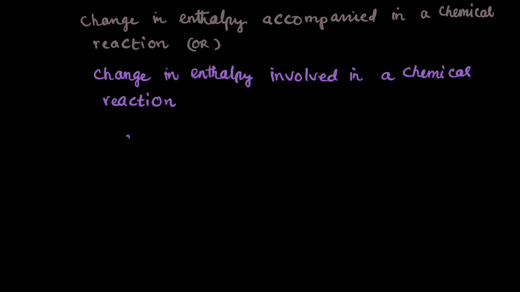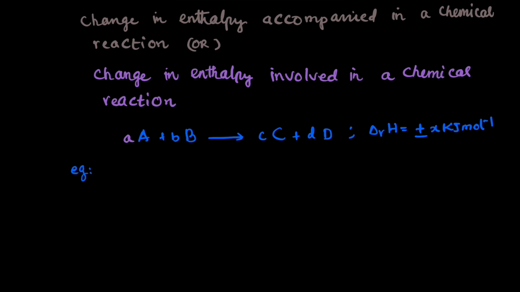Then, for example, a moles of A and b moles of B give rise to c moles of C and d moles of D. The enthalpy of reaction may be plus, meaning endothermic, or minus, meaning exothermic, x kilojoule per mole. Similarly, here is one general example: N2 plus 3H2 in gaseous state gives rise to 2NH3.